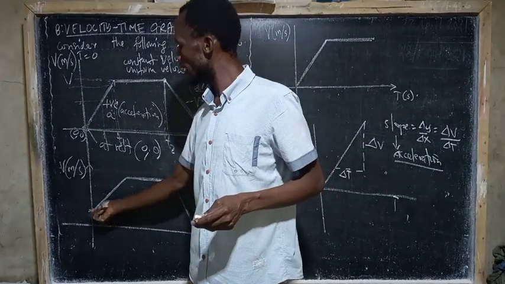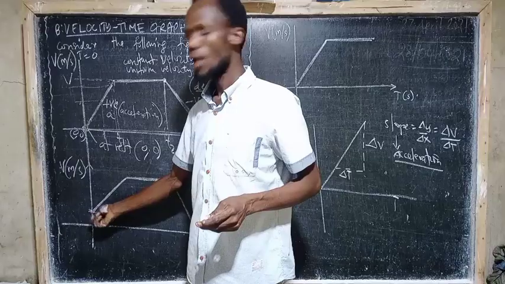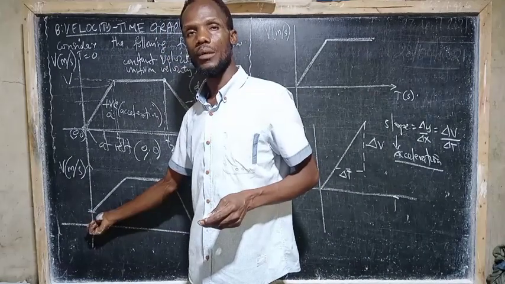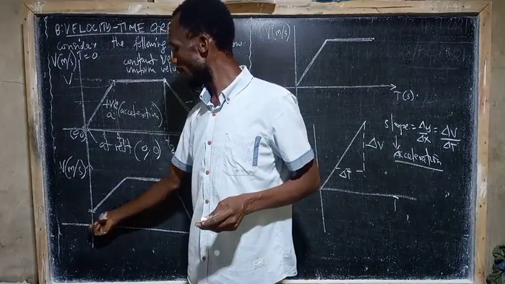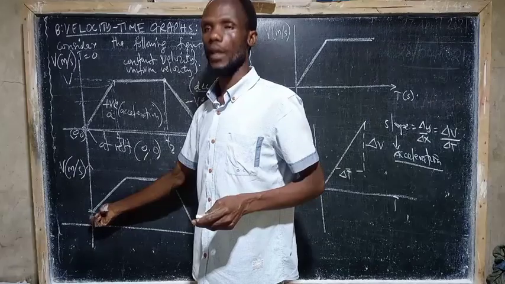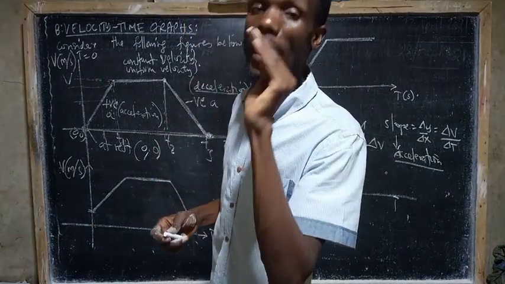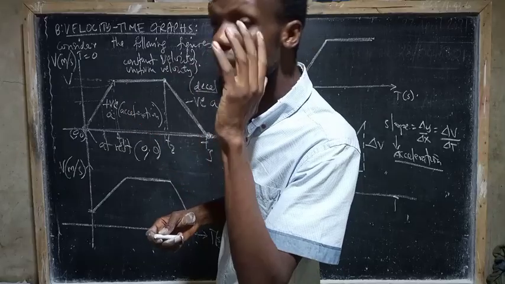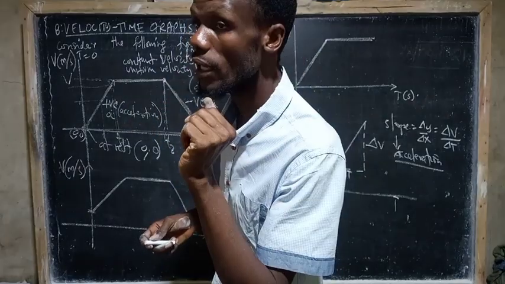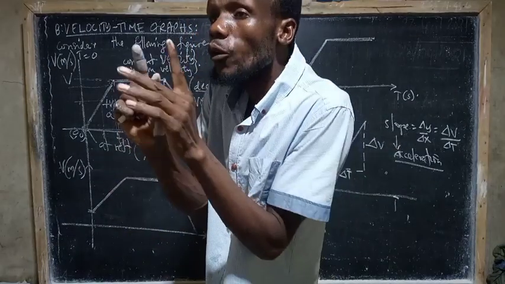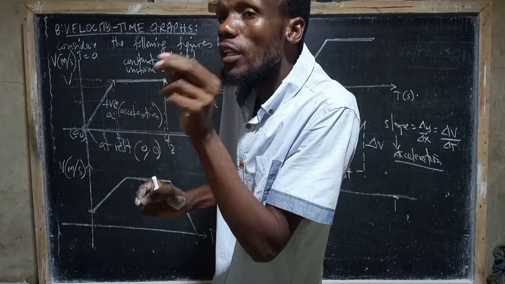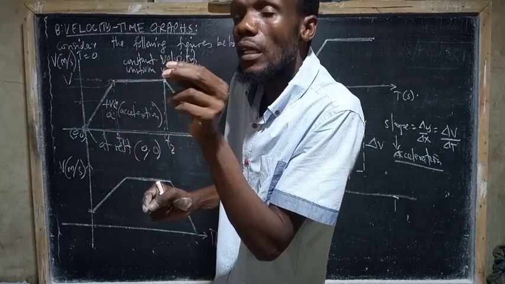Lakini graph hii haijaanzia kwenye origin. Tafsiri yake ni kwamba lazima tujue kwamba limeanza at rest au limeanza at a certain velocity. That is a very important point you have to understand, because if you fail to understand that point, you won't get exactly what you wanted.